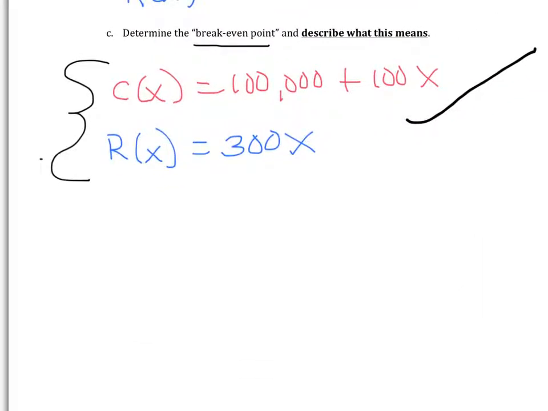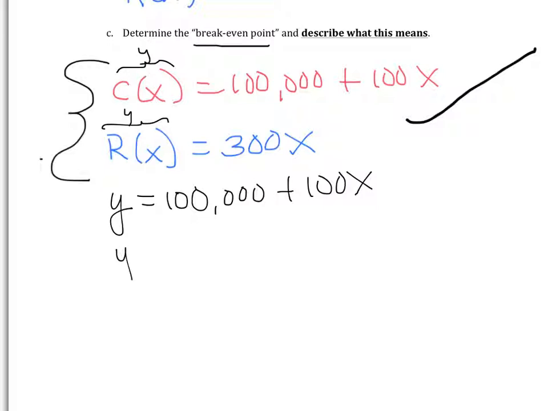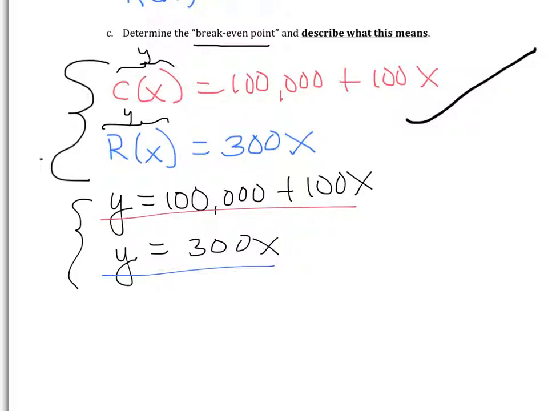So we have this, that's really Y, and that's really Y, your output. So we have Y equals 100,000 plus 100x, and we also have Y equals 300x. And again, we know how to solve for x and y by either substitution or elimination, or we can graph these.